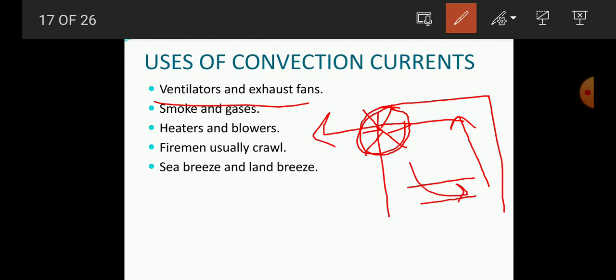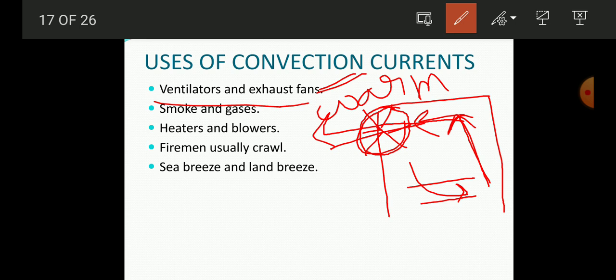That is why exhaust fans are very important, because they throw the warm air out of your house. Warm air is lighter and moves upward, and from there it is thrown out by the exhaust fans.